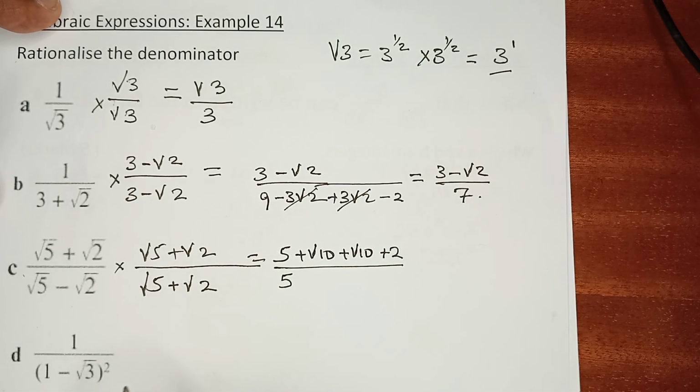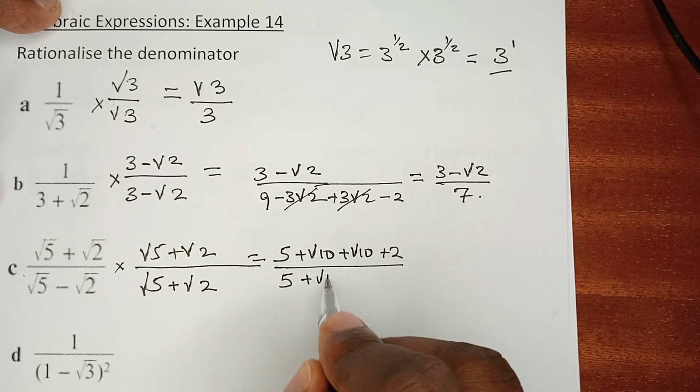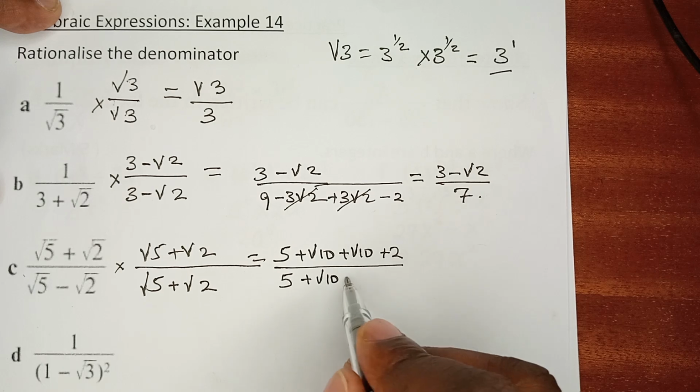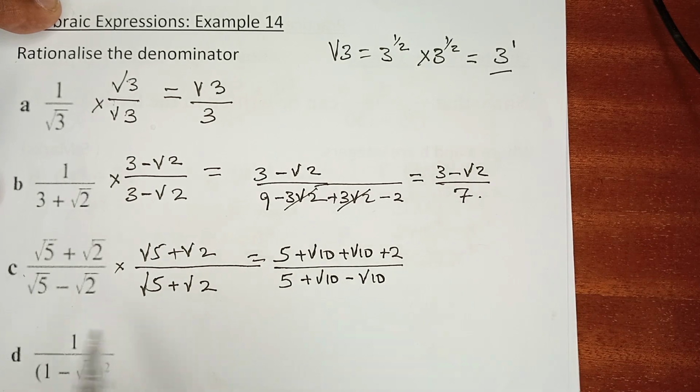How will the two middle terms cancel out? Because that is the intention when we bring the different sign here. Root 5 times root 2 is positive root 10. Now the different sign ensures that the second one is minus root 10. So minus root 2 times root 5 is basically negative root 10, and these will cancel out.